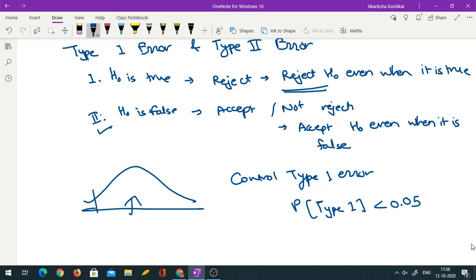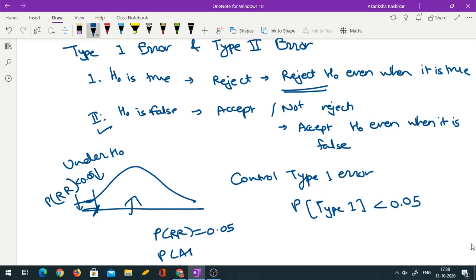Because type 1 error is rejecting H0 when it is true, so we know that this is the distribution under H0, and we want type 1 error to be less than 5%. So we want the probability of this rejection region to be less than 5%. So this cutoff is chosen in such a way that the probability of the rejection region is 5% and the probability of the acceptance region is 95%.